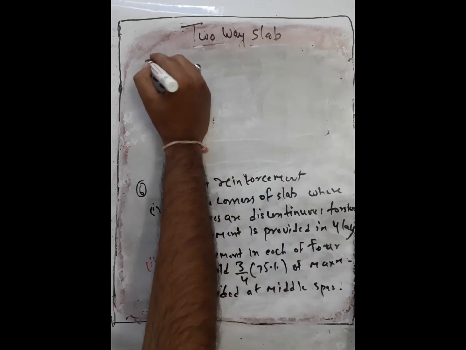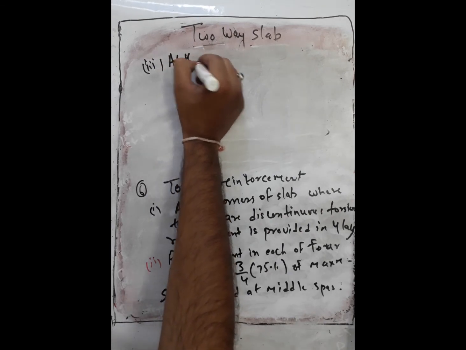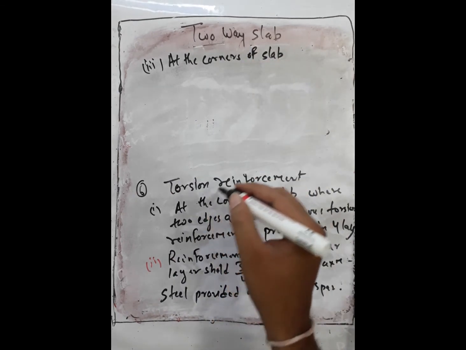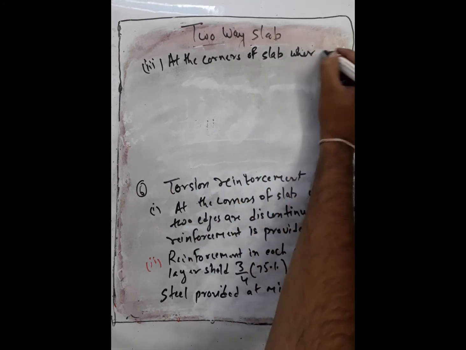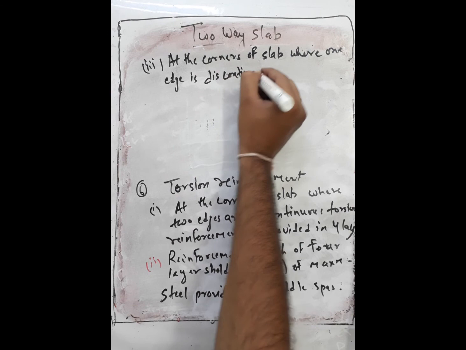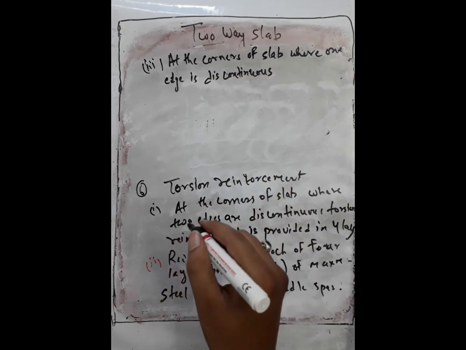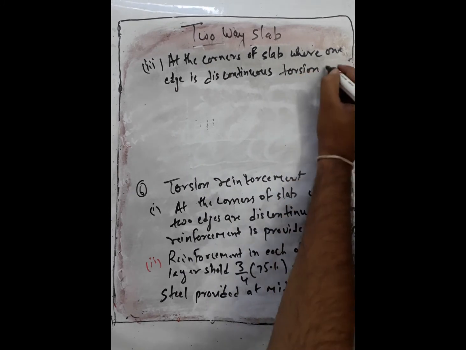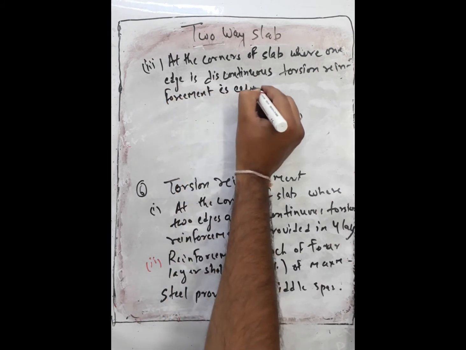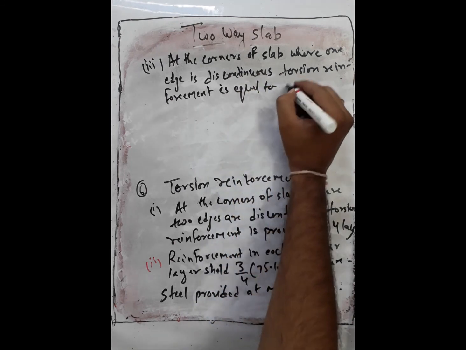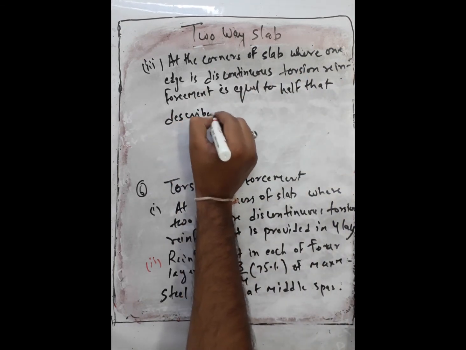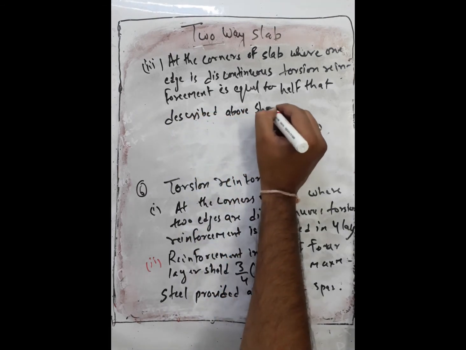Point number 3: at the corners of slab where one edge is discontinuous, then torsion reinforcement equal to half that described above shall be provided.